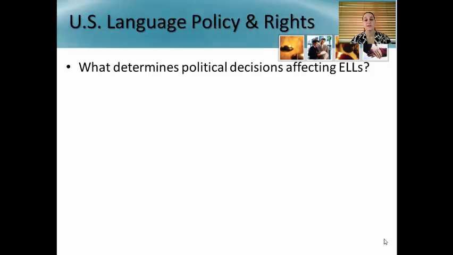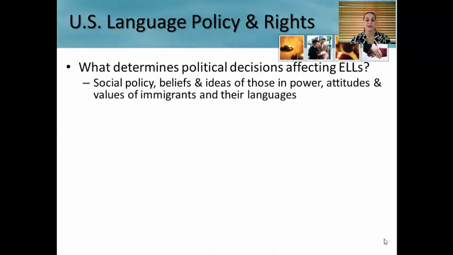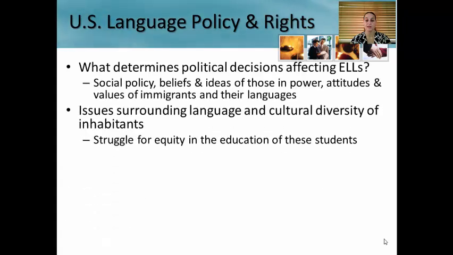So there have been laws that have been put into place to suppress the development of languages other than English, but there have also been laws to support the language rights of citizens and immigrants who speak other languages than English. Either way, the fact is that the United States has always been and will continue to be a multilingual and multicultural country.